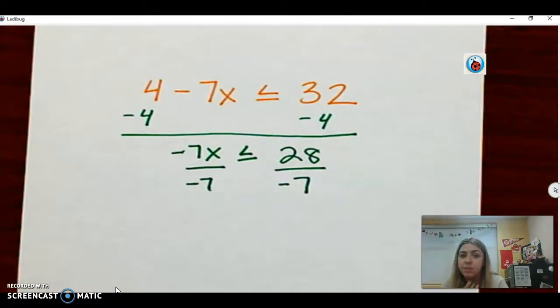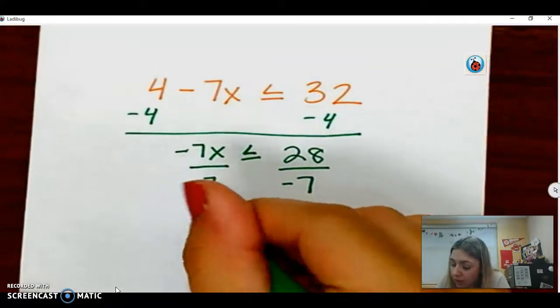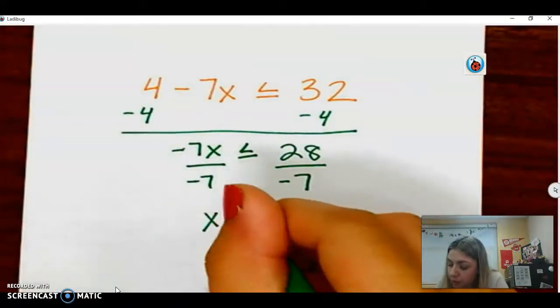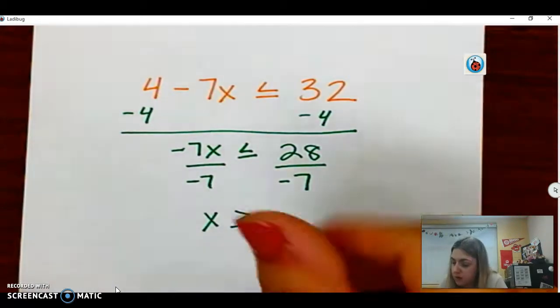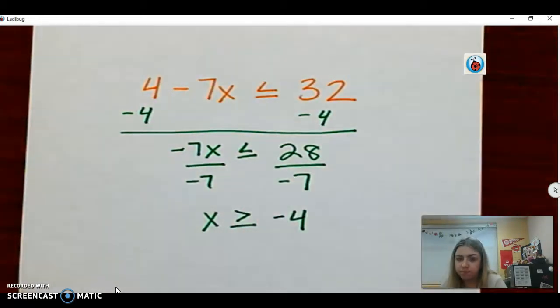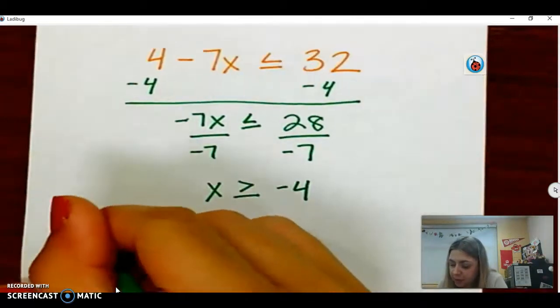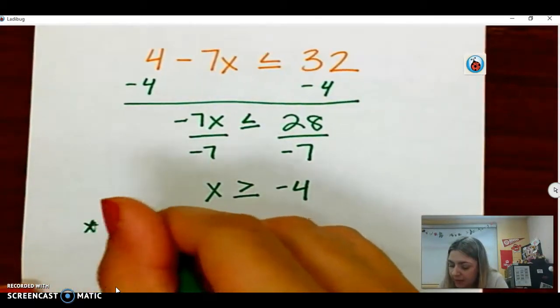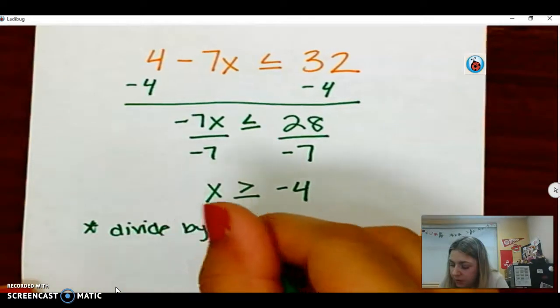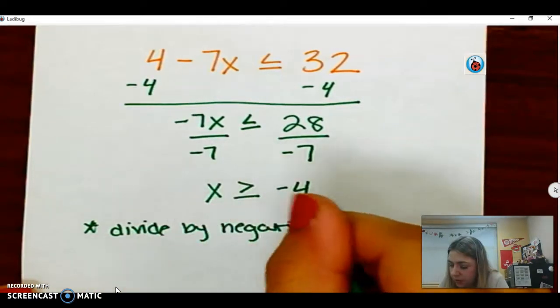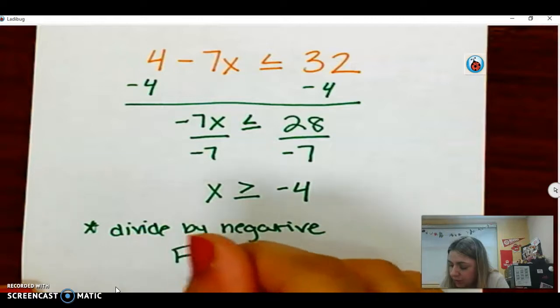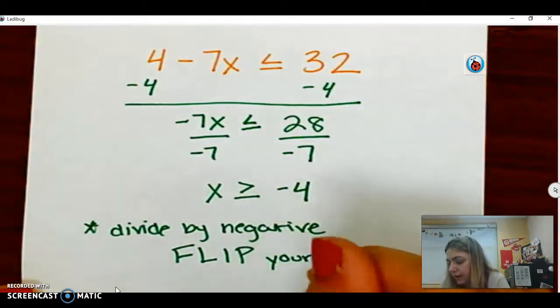And here is the big idea. When you divide by a negative with an inequality, you have to flip your sign. So this is going to become x is greater than or equal to negative 4. Okay, so remember, if you divide by a negative, you have to flip your sign.